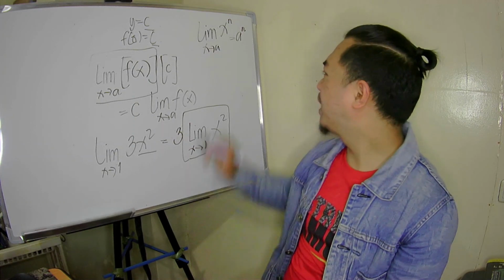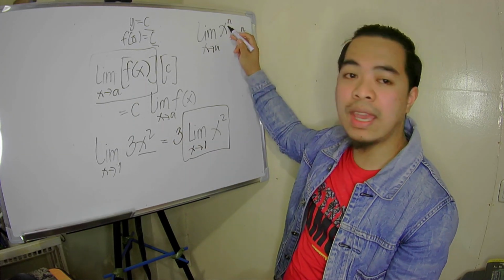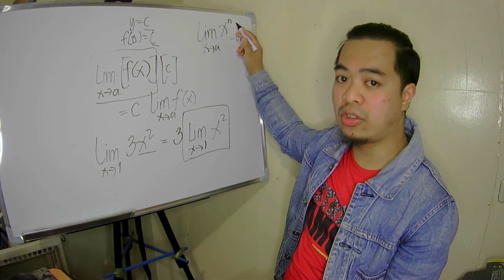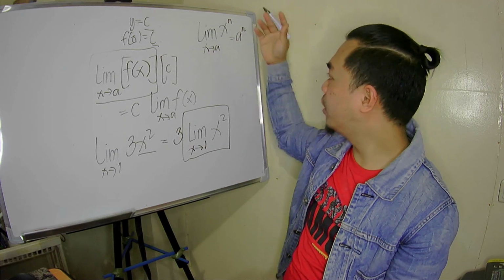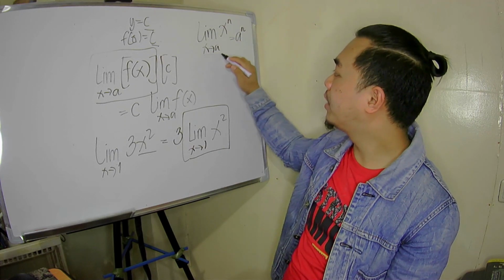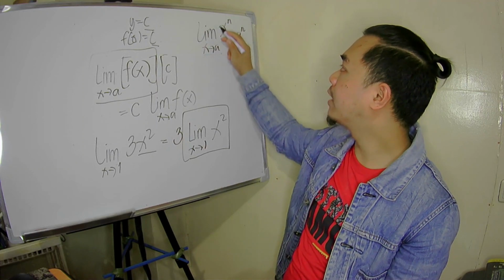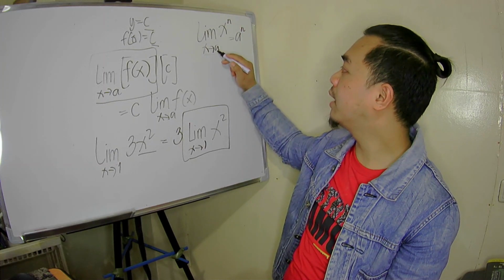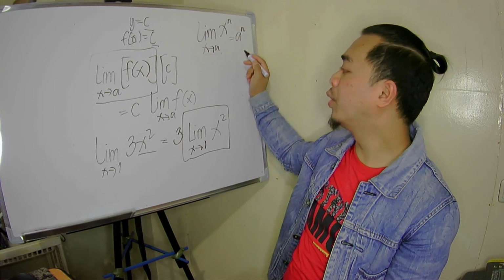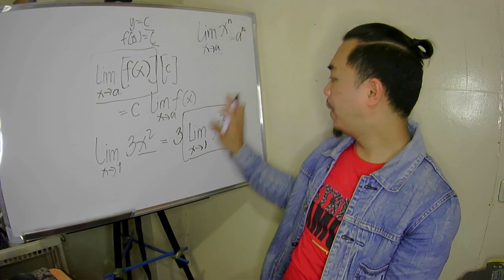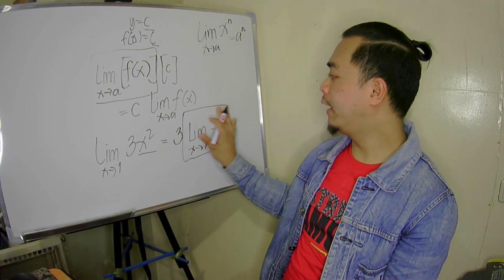So, parang sinubstitute natin yung a doon sa x raised to n. That is actually what's happening here. Sinubstitute natin yung value ng x dito, kung ano yung ina-approach ni x dito sa expression na ito. Kaya kung i-substitute natin, a raised to n. We can apply this one to answer our earlier problem.